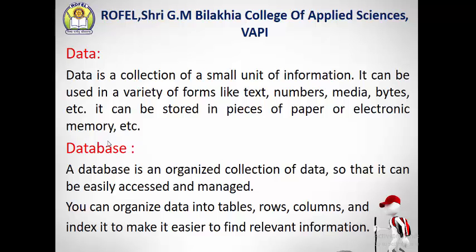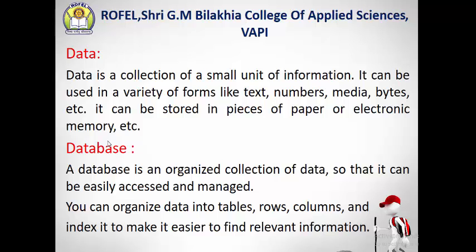If you want student names, you can easily access them from the database, which is not possible in a file, because in a file you can write in a paragraph manner or in a table manner, but you cannot easily access or manage your data.